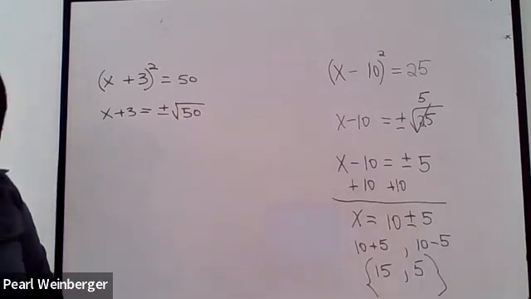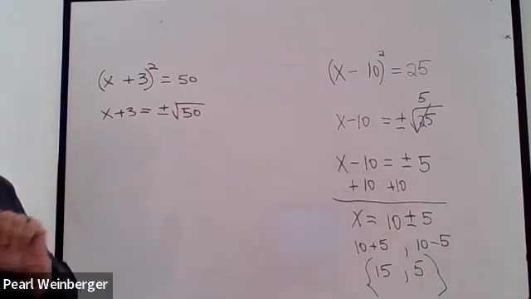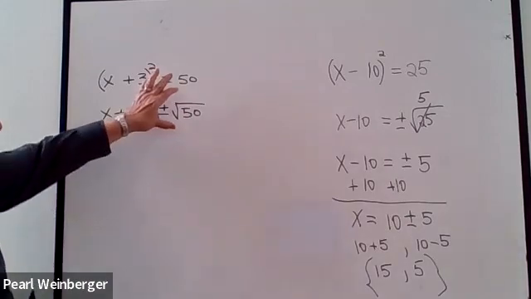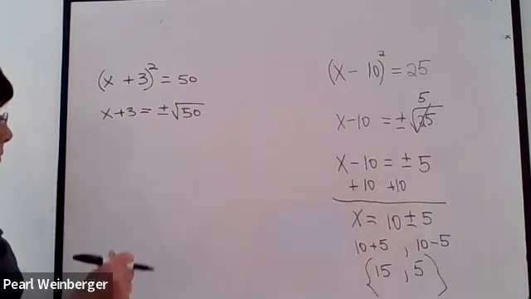Is the square root of 50 a rational number? Now, remember, Demetrius, I see what you did, but when you take the square root, you're not just dividing it by half. You're looking for a number that multiplies by itself and gives you this number. Well, 50 is not a perfect square.